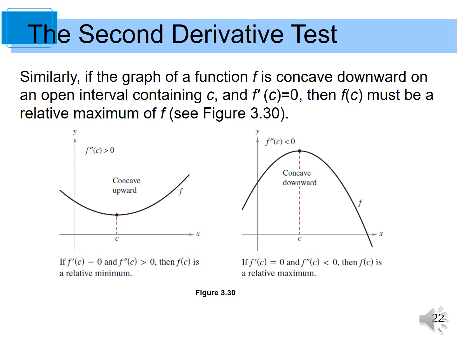So it's a horizontal line. The tangent line is a horizontal line. Then f of c must be a relative minimum. Why do we call this point a relative minimum? Because this point is the lowest point along this curve.